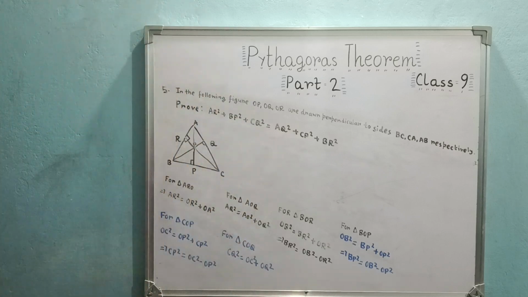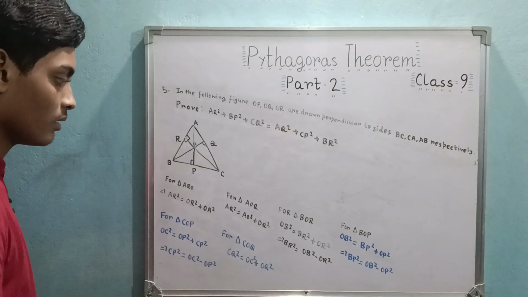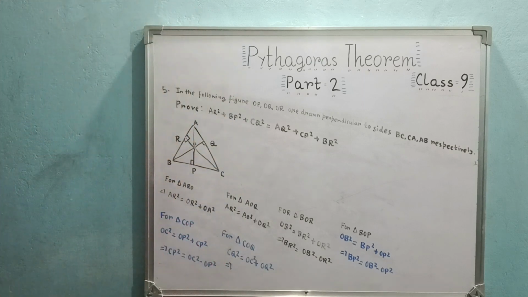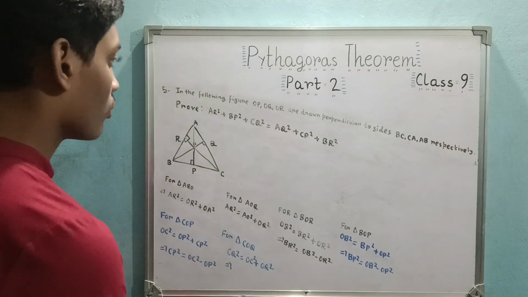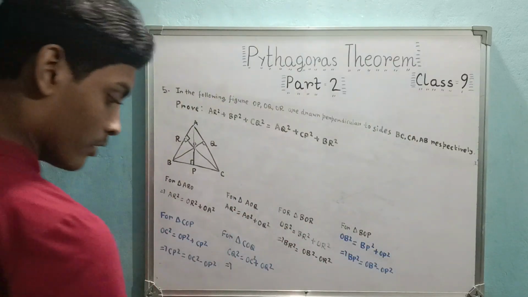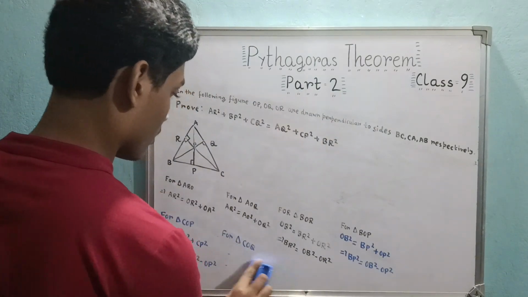Alright, CQ is the hypotenuse in this case. Then this becomes what? Okay, no, wait a second.